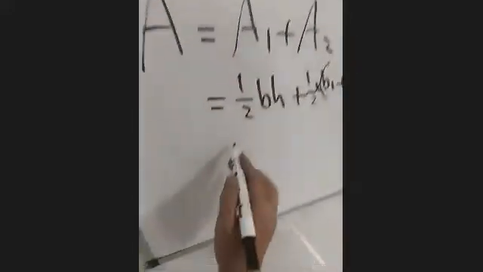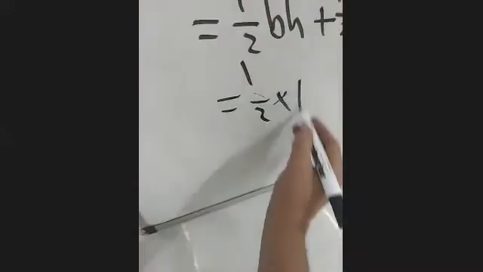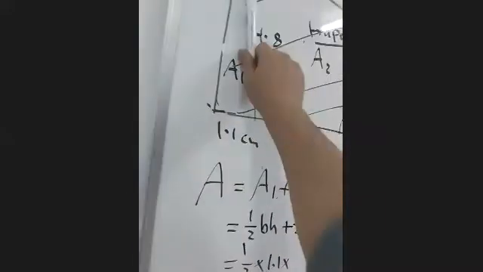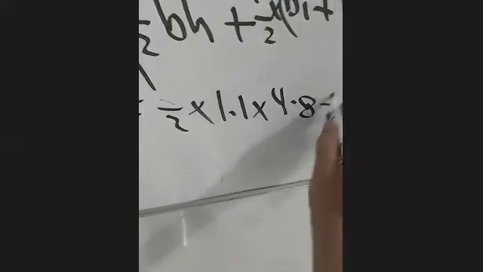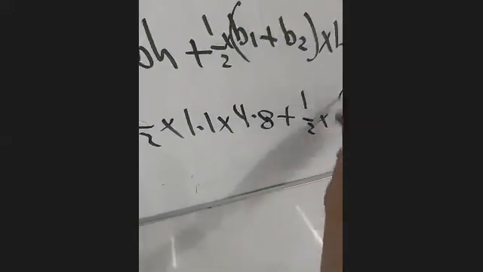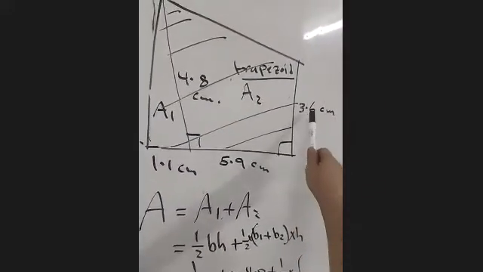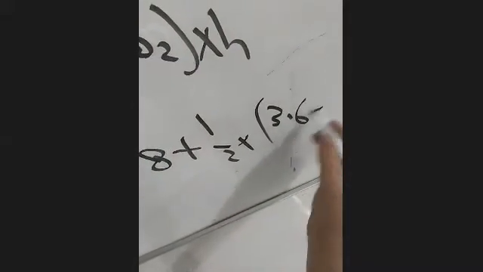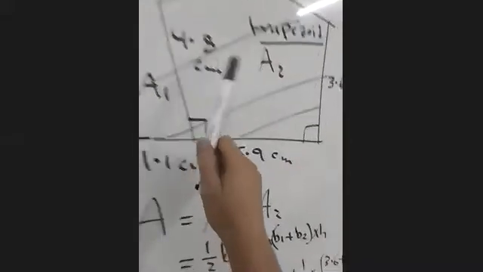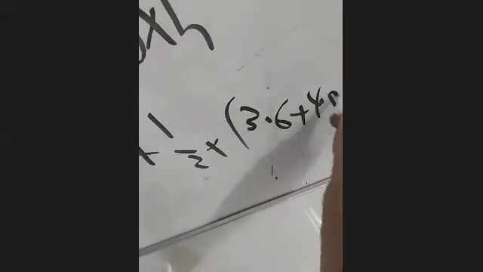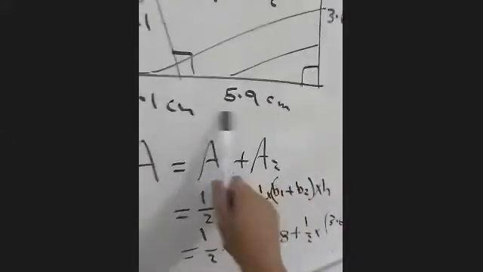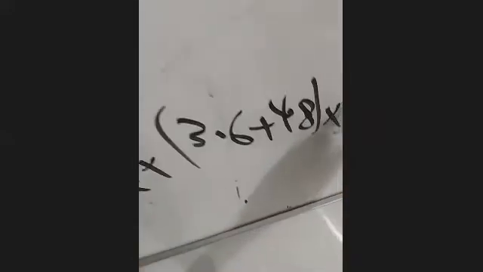Now let's calculate. Half multiply the base of the triangle, 1.1, multiply the height of the triangle, 4.8, plus half multiply base 1, 3.6, base 2, 4.8, and the height of the trapezoid is 5.9.